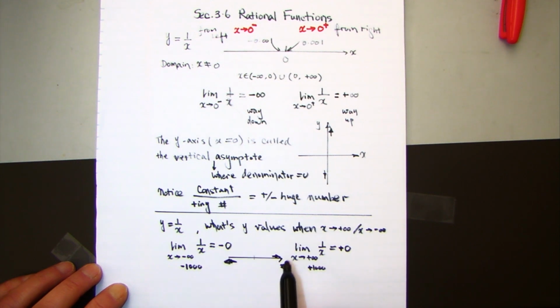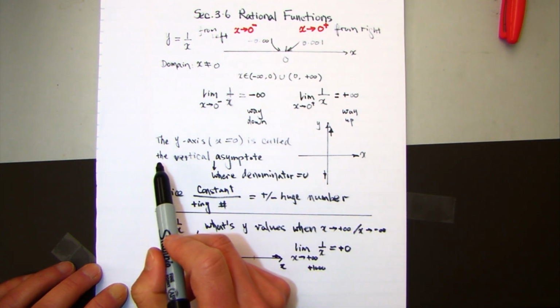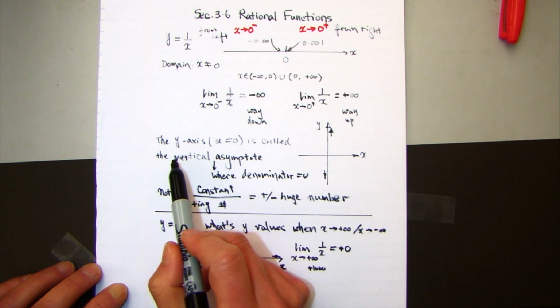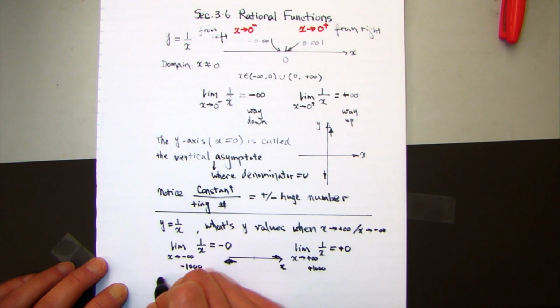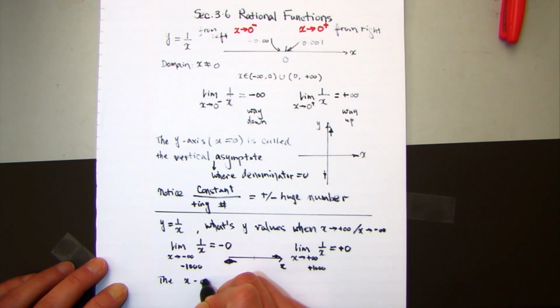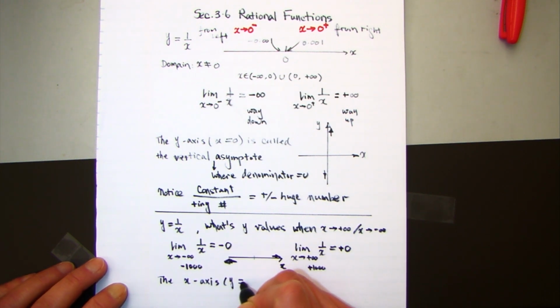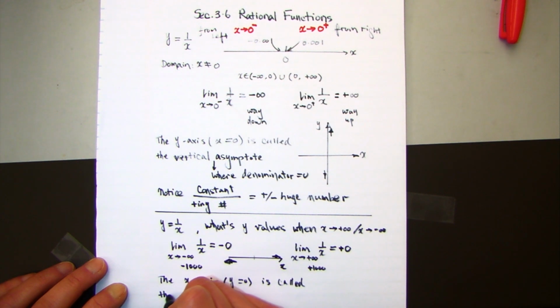Your x-axis, which we can also call y equals 0, is called, that's right, not vertical anymore, the horizontal asymptote.